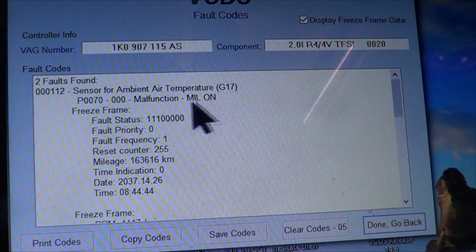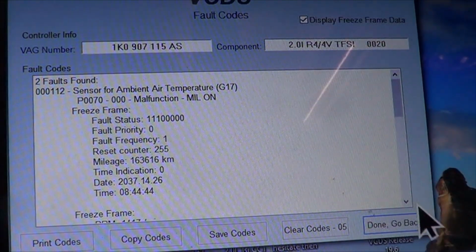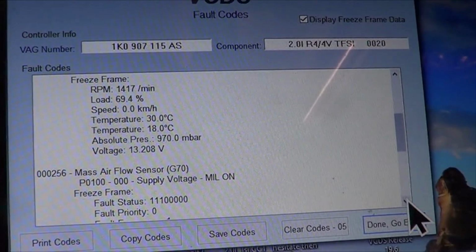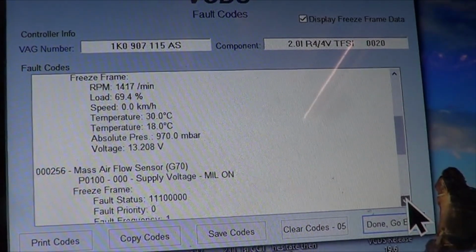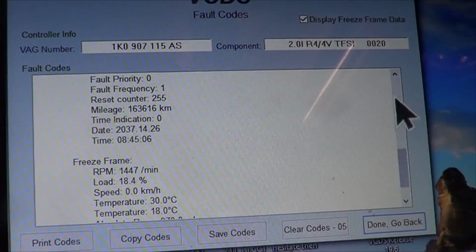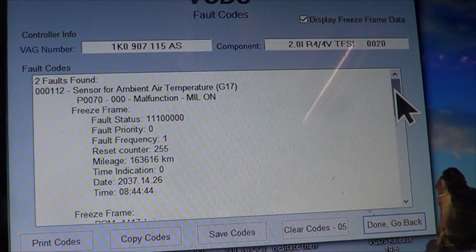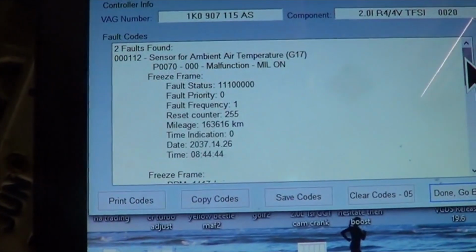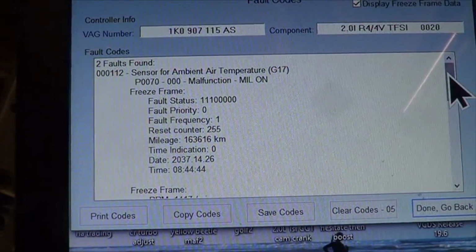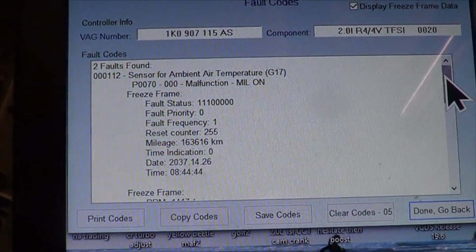Sensor for ambient air temperature sensor. Is that like an intake air temperature sensor? And mass airflow sensor voltage supply. Obviously we're going to need to plug in the mass airflow sensor, so we'll do that and clear codes and see what reoccurs.